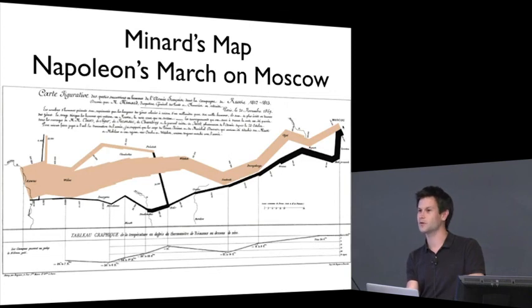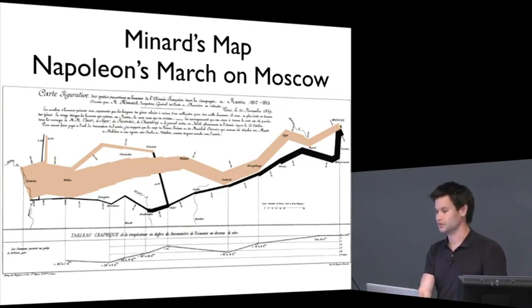And Minard actually wanted to present why this happened. There you see the army split at some point in time, and some soldiers went back. Then we see that they approached Moscow, they entered Moscow, and almost the same number of soldiers went back. But what's really interesting here is this temperature plot at the bottom, which is linked to the locations on their way back.